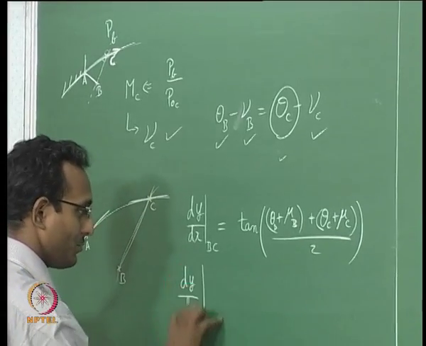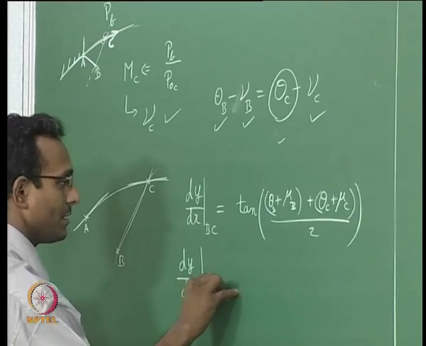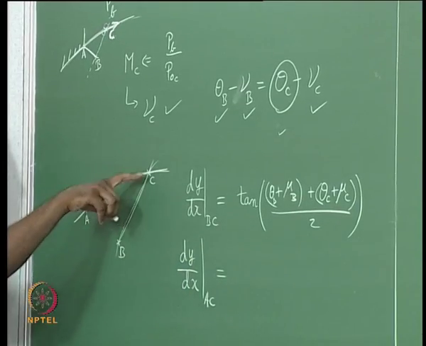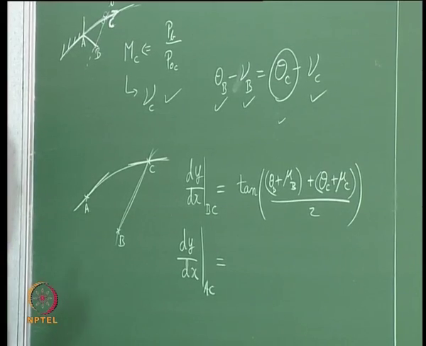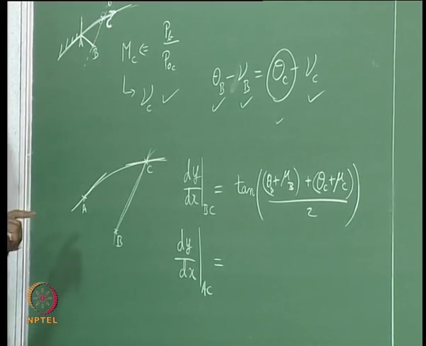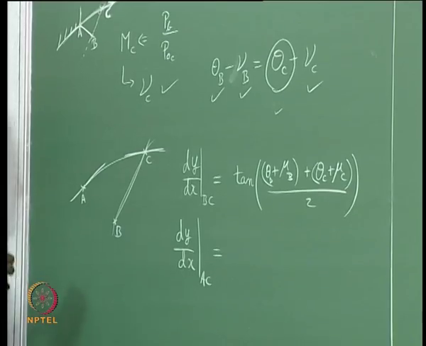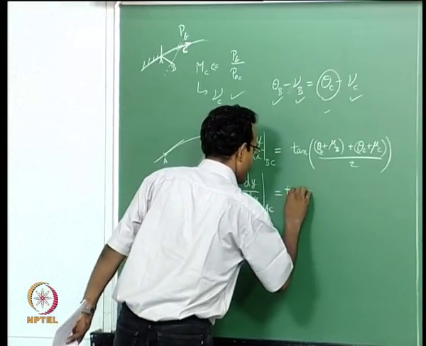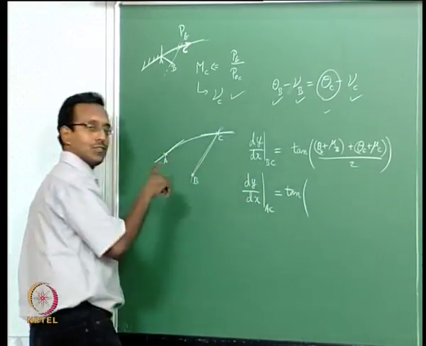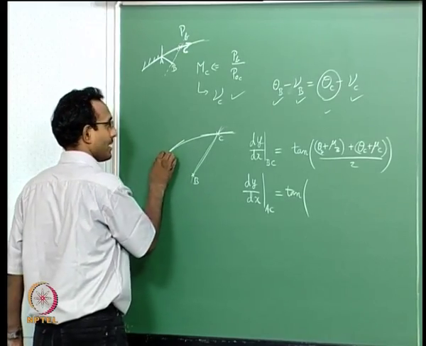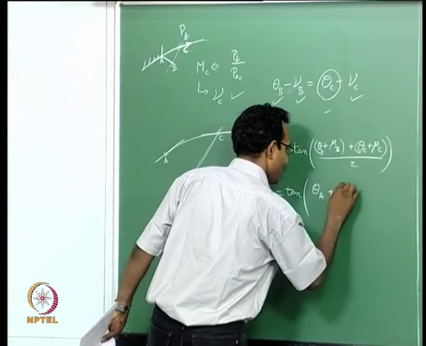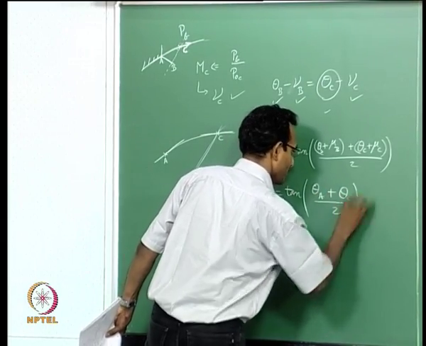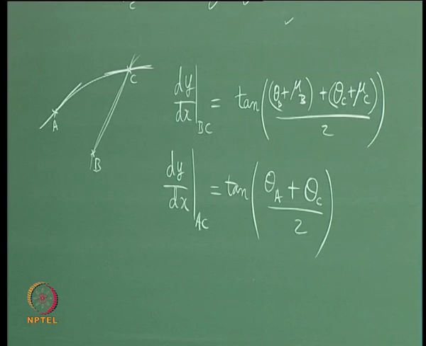Now, the other line will be different from this. Dy by dx for AC: remember that AC is not a characteristic line, it is a streamline. So it will go only with theta values, it will not go with theta plus mu or theta minus mu. I will again do the average business: here it is theta A, there it is theta C. So it is tan of theta A plus theta C by 2, this is all it will be.